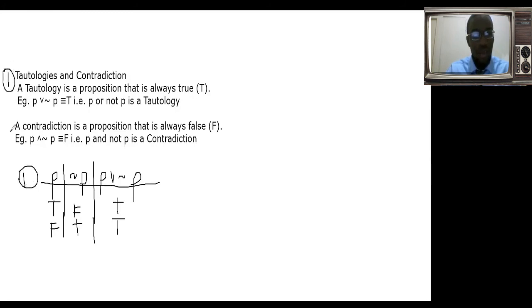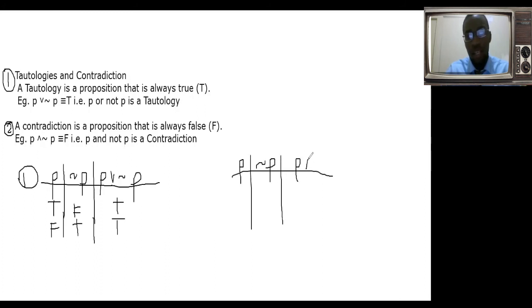Now the second one, contradiction, the result is always going to be false. So let's look at it. We have P, then we have not P, then we have P and not P. P is going to be true or it's going to be false.